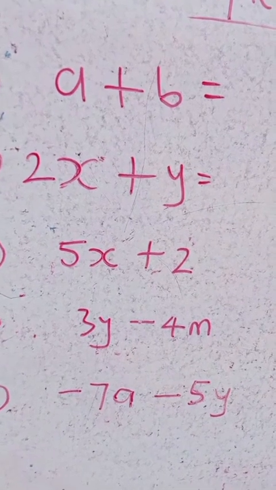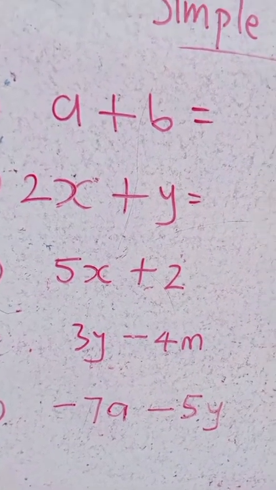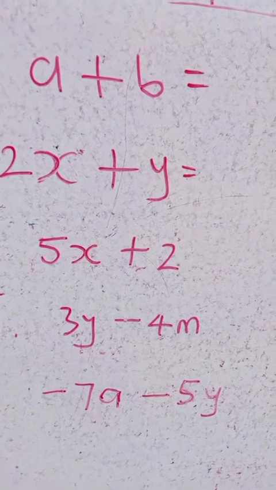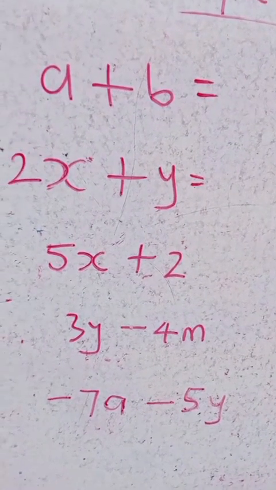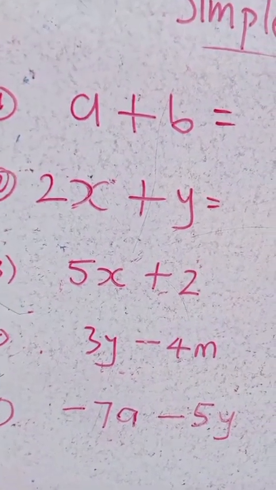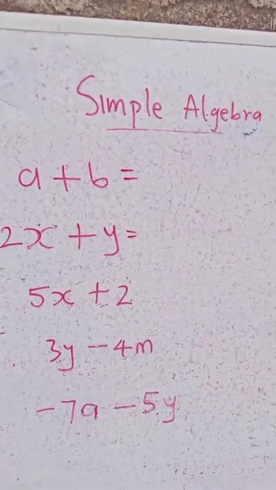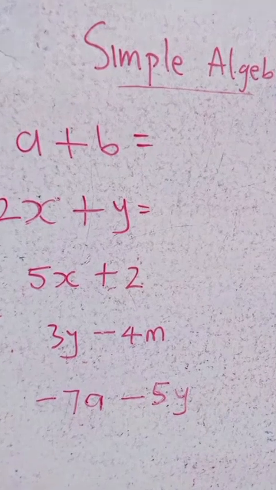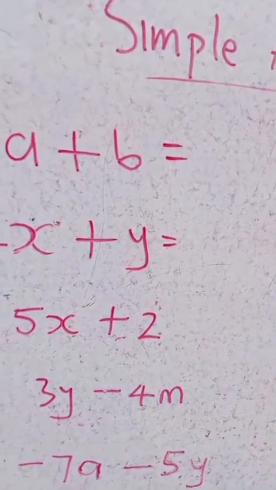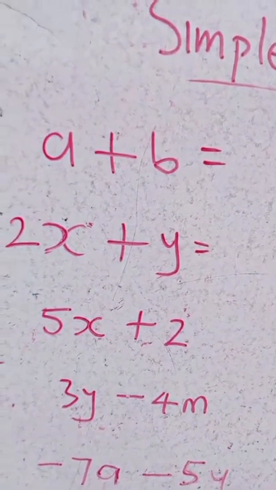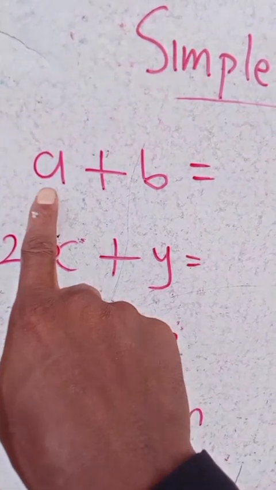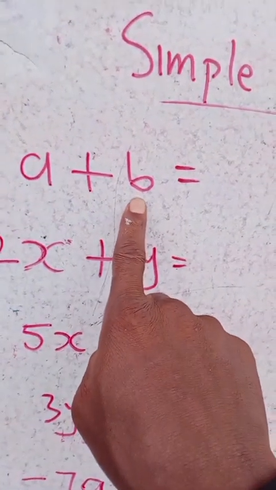So when you say A is different from B, you know that. According to the rule, when the alphabets are not the same, you cannot add. So A plus B, you cannot add it because the alphabets are different.